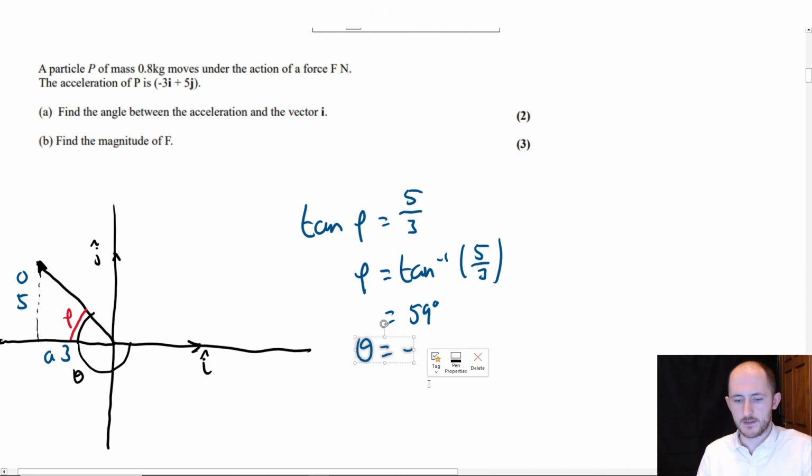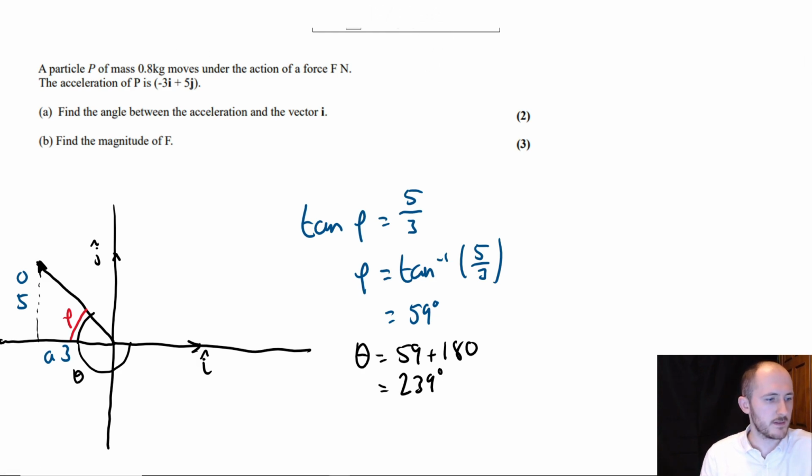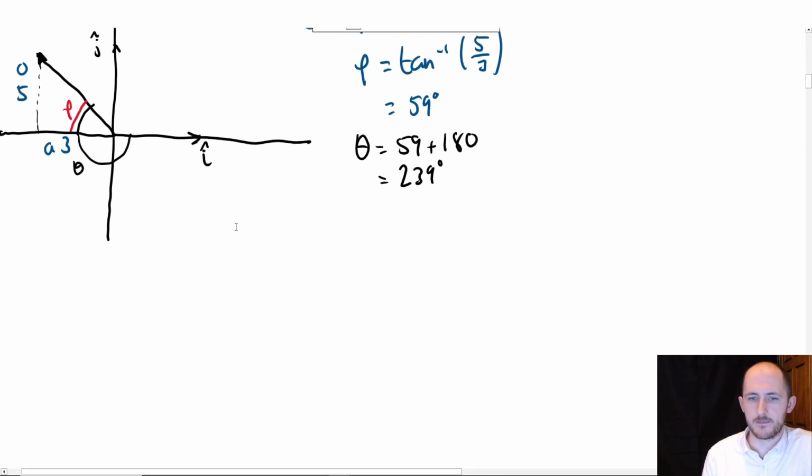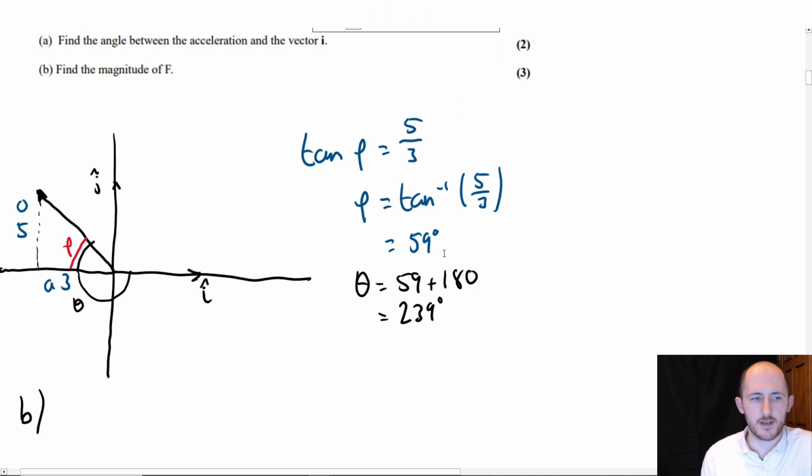That makes more sense. 239 degrees. Okay. So hopefully that's okay. Again, that is only 2 marks, so it's meant to be relatively tricky.